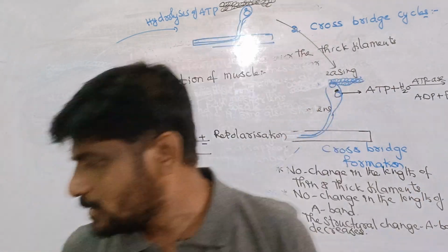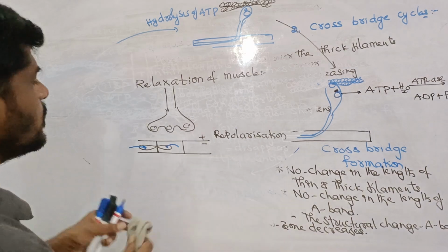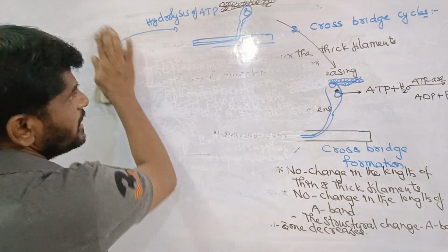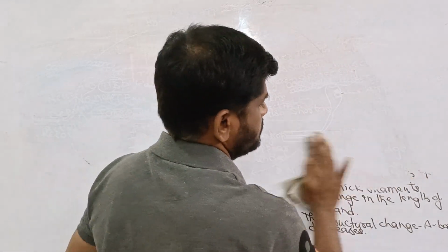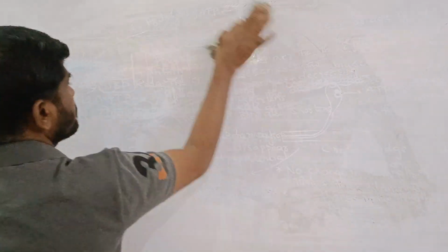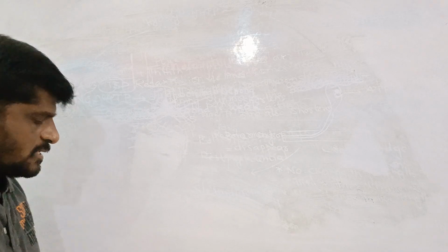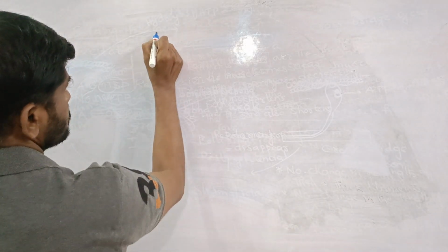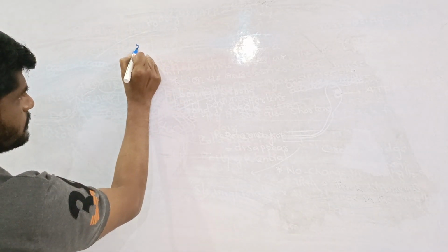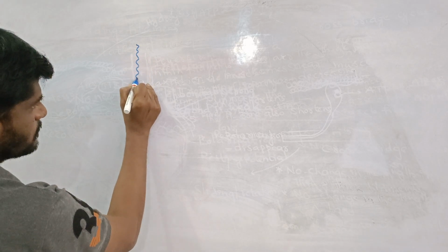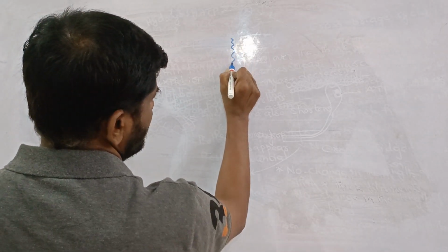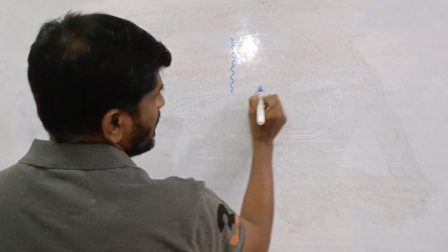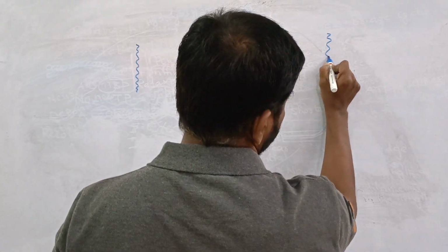I want to show you one more diagram, which is represented in the NCERT textbook. It is as follows. This is one Z line, and this is one more Z line, and this is another Z line.